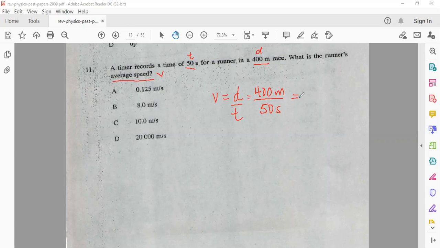So that means that our answer is B, 8 meters per second.